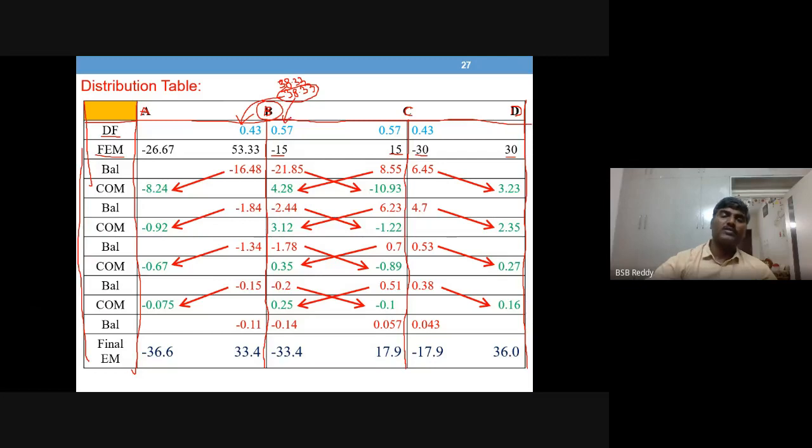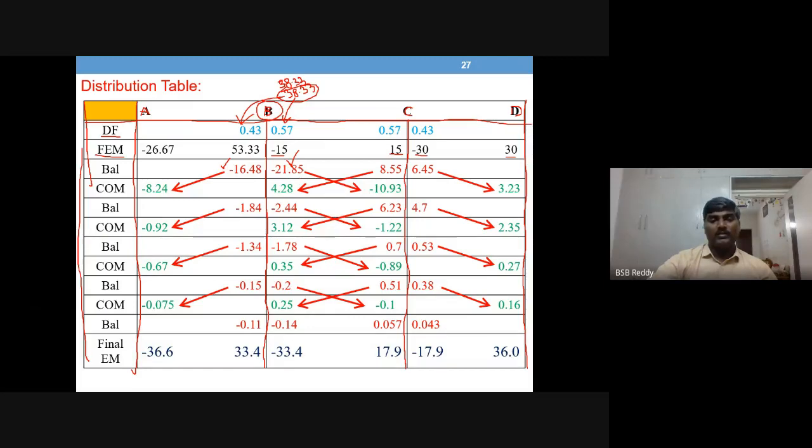That is how you distribute to two members. So minus 38.33 into 0.43 is this value. Minus 38.33 into 0.57 is this one. Okay, so if you add these two, you will get minus 38.33.